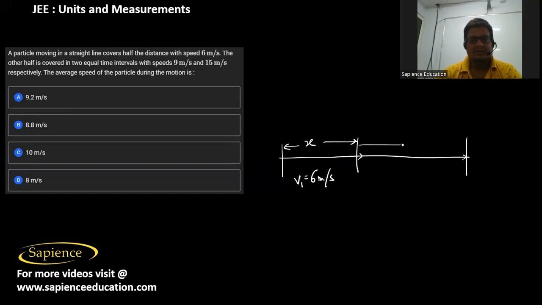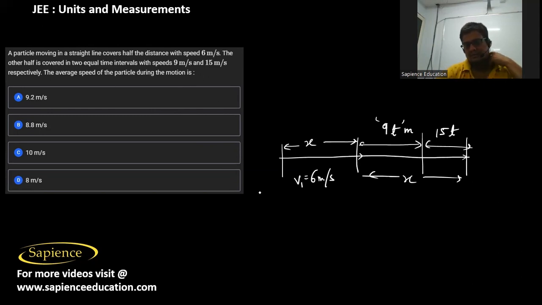So it means here it covered 9t meters in time t and 15t meters in time t seconds, and this length is also equal to x. The other half is covered in two equal intervals. Then the average speed of the particle during the motion is.